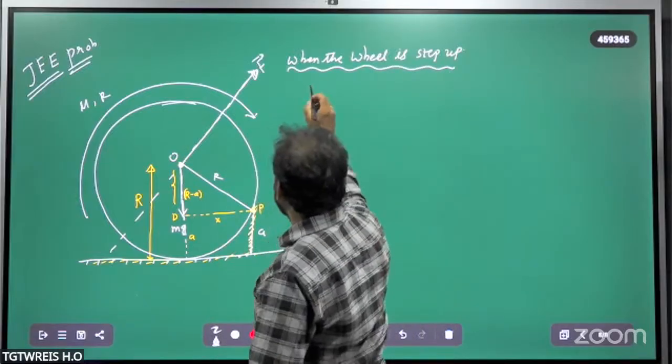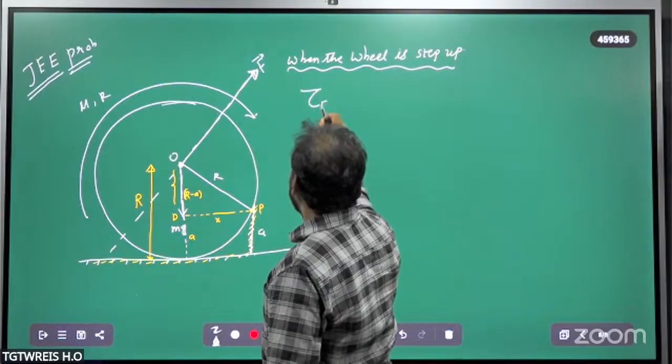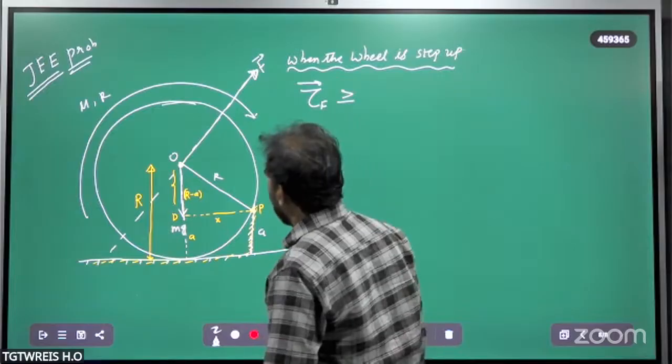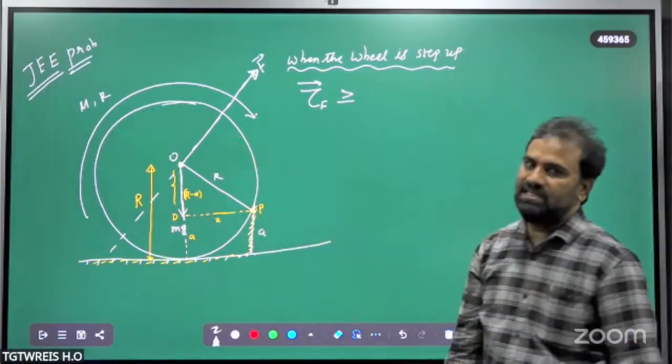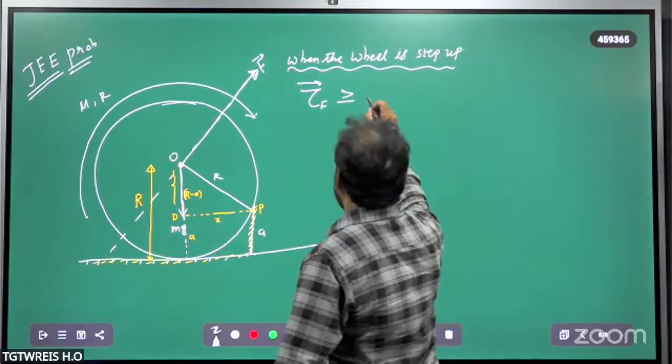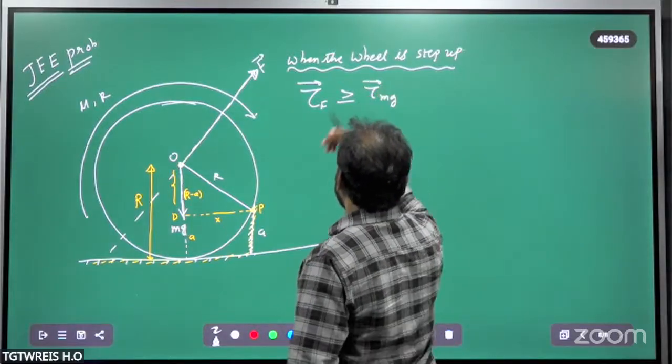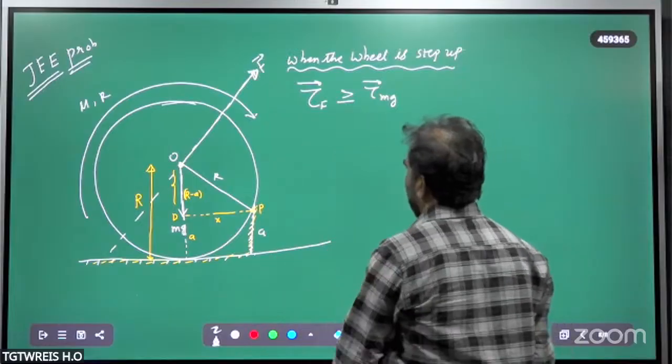The torque experienced by the force is greater than or equal to the torque experienced by the weight mg at the center of mass of the wheel. This is approximately equal for minimum force.